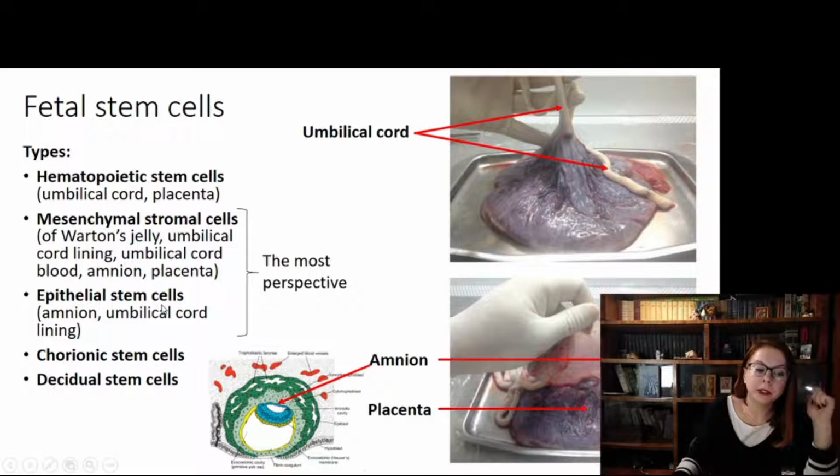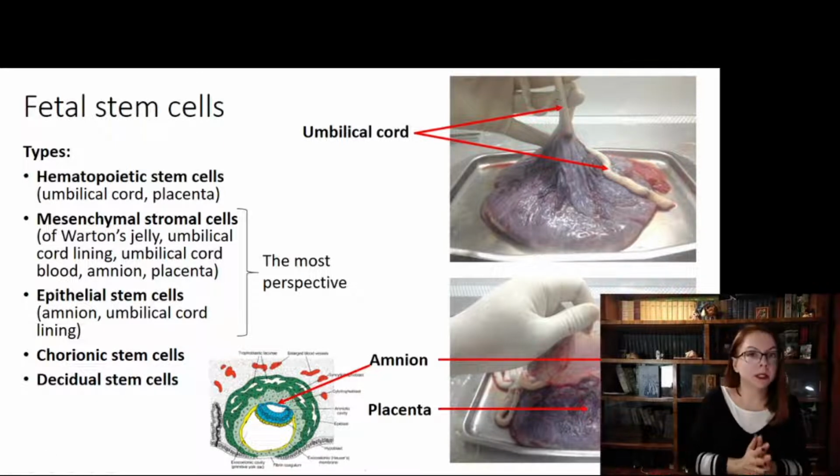Then epithelial stem cells can be obtained from the amnion and umbilical cord lining, the outer surface of the umbilical cord. Actually, this is the same, because the umbilical cord is lined with the epithelium, which is continuous with the amnion. Here you can see amnion is continuous with the umbilical cord lining.